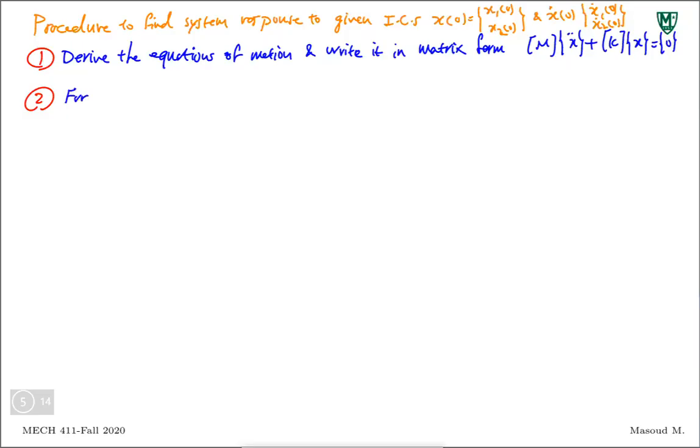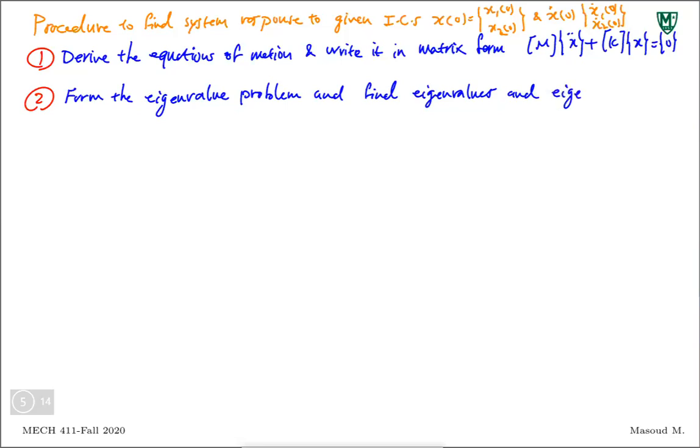Second, step two, just follow these steps. You form the eigenvalue problem and find eigenvalues and eigenvectors, which are basically the mode shapes.